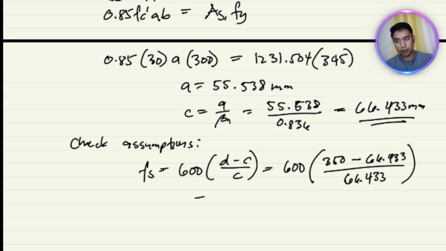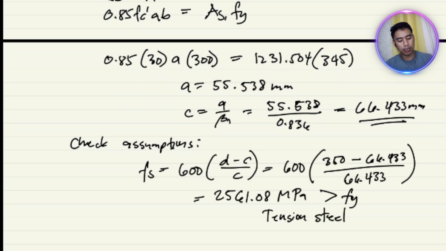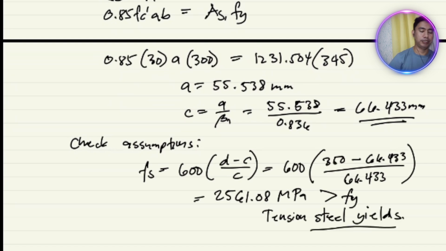So ang Fs natin is equal to 2561.08 megapascal. Meaning, this is greater than Fy. So what does it mean? Ang tension still yields. Okay? So kung ang tension still yields, meaning yung Fs natin is equal to Fy. So tama yung assumption natin.